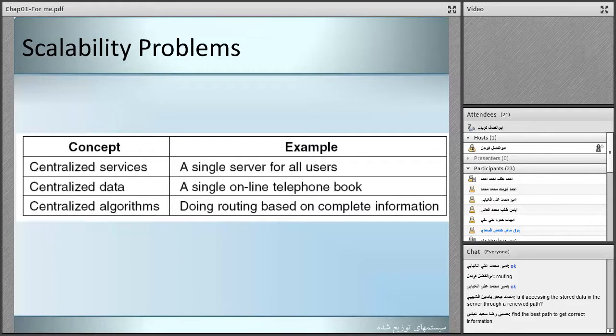Because our server must be aware of the state of all nodes in the network. Which node is off? Which node is on? And the state of the path between two nodes. Is it busy? Is it free? And is it quick or slow?